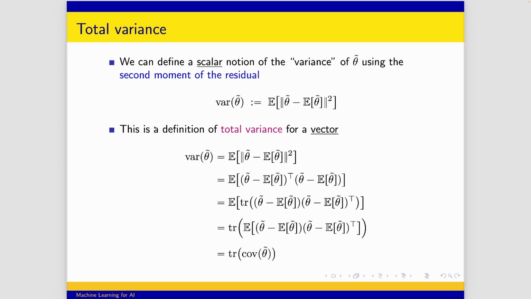So this is one definition of what we can call total variance for a vector. And let's see if we can simplify it. So I'm defining the variance of theta tilde using this. This is a new definition of total variance. Well, what is it? It's the expected value of this 2 norm squared, so it's the expected value of this dot product.